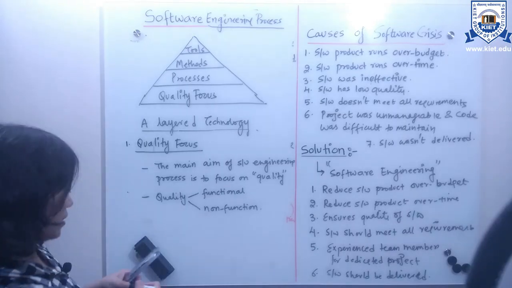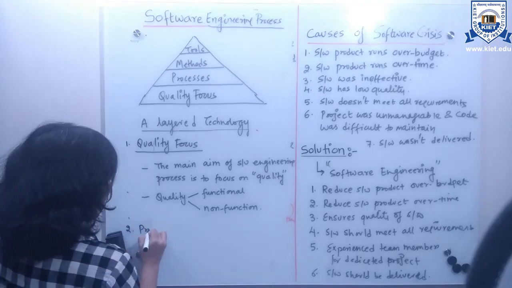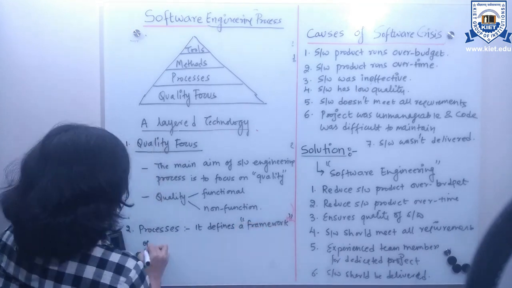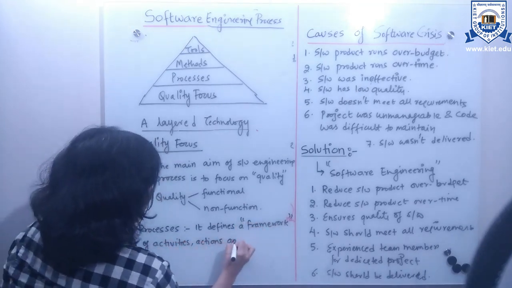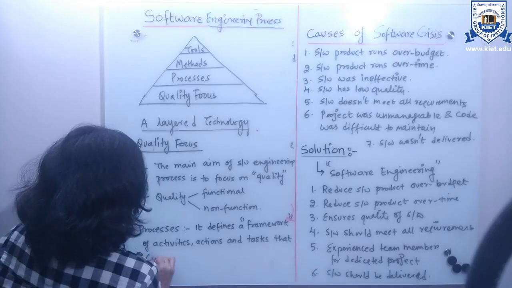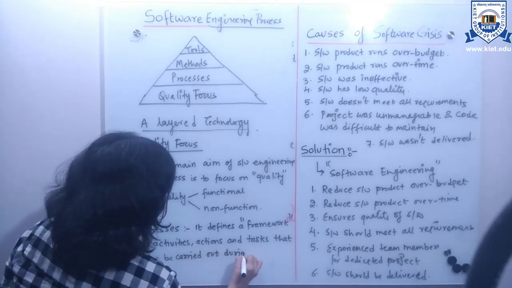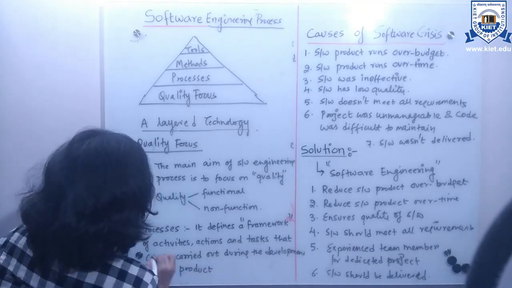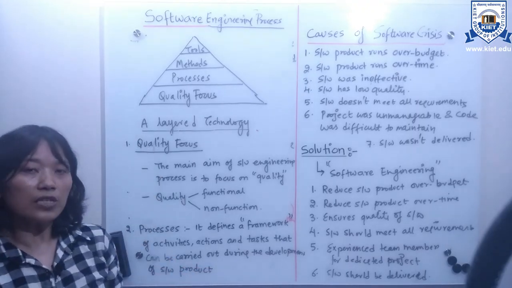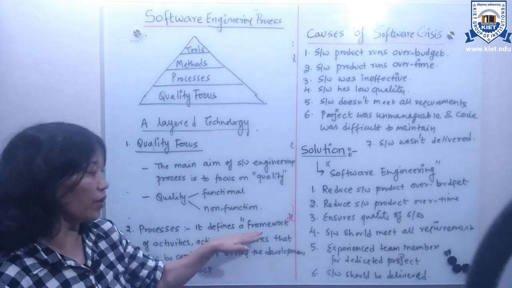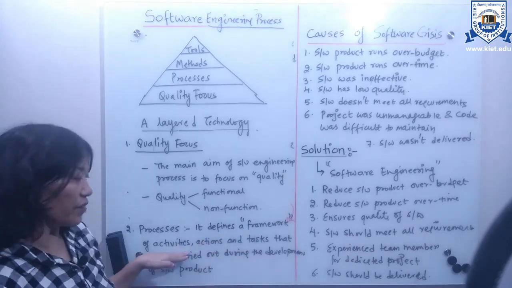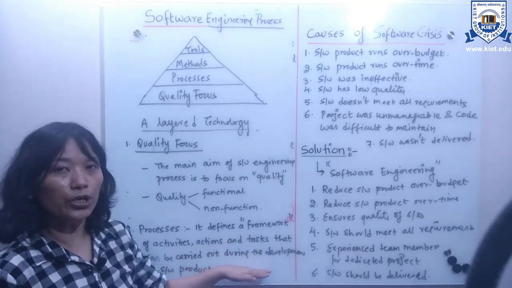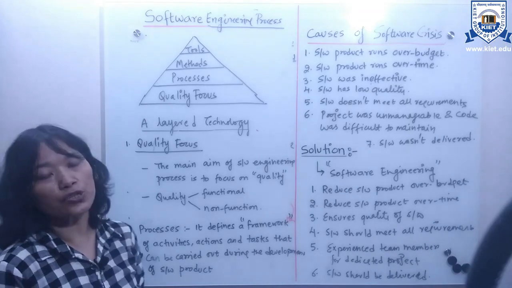The second layer is process. Processes basically define a framework of activities, actions, and tasks that can be carried out during the development of the software product.